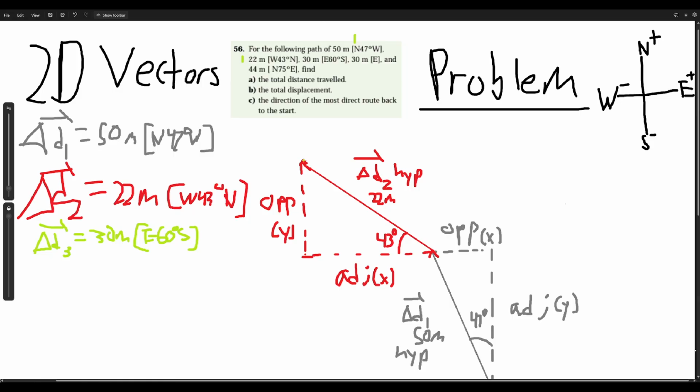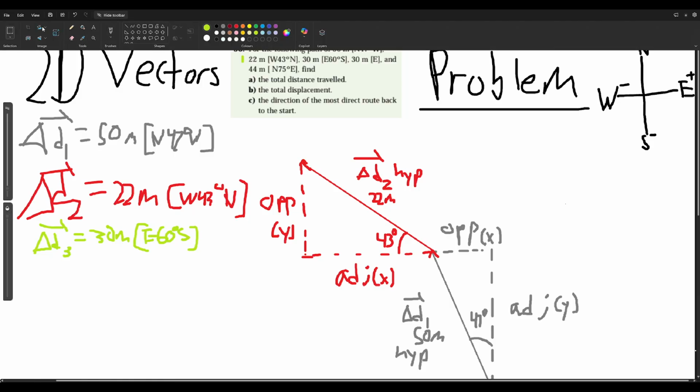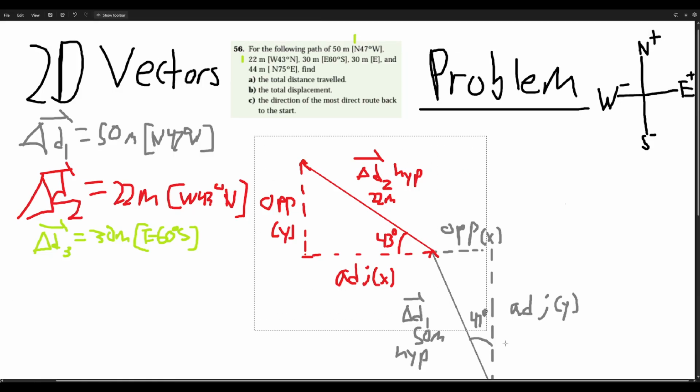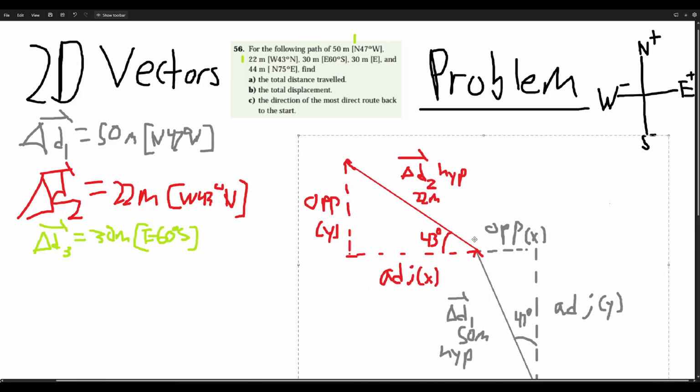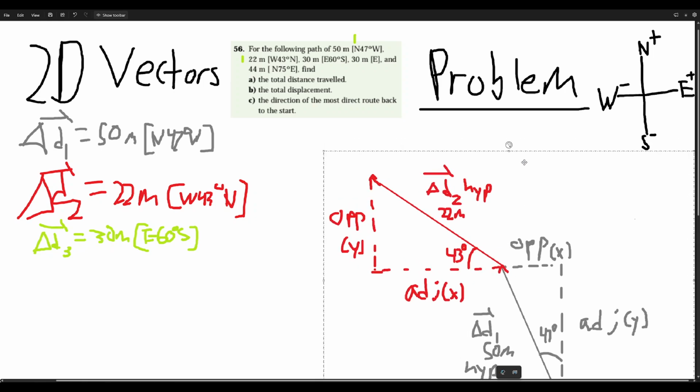So I'm just gonna move this over again so I have more space. Okay, so this is what it would look like. So off that point already, we're looking east, and 60 degrees south.